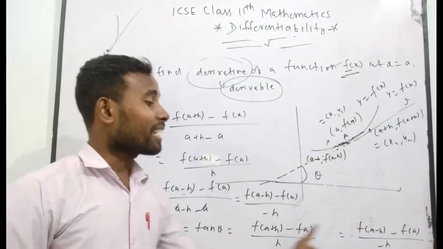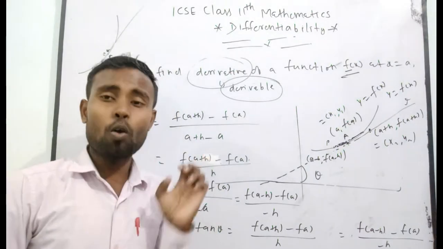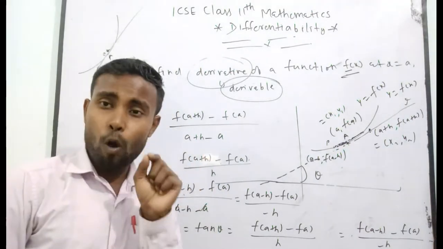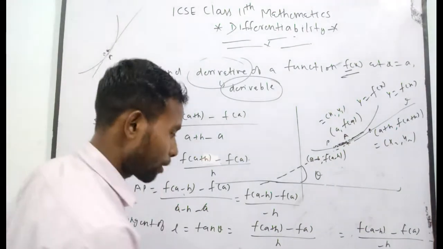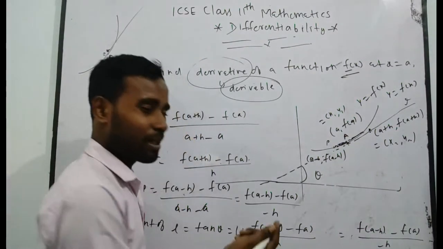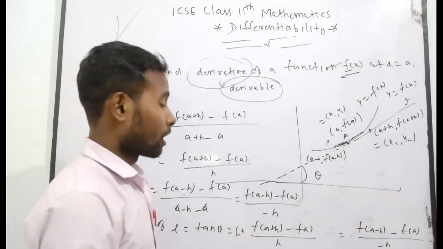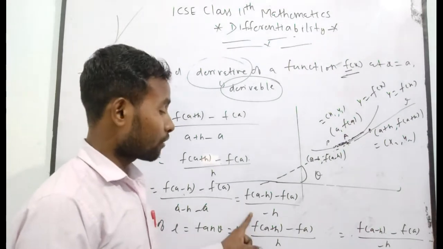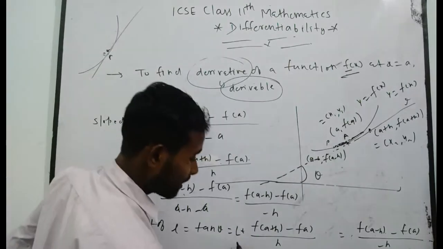Here h and minus h are very close to 0, a very small positive quantity. In that case you definitely use limits, because if you take h as 0 it becomes not defined, and it gives an indeterminate form. So I want to tell you, take limits here.